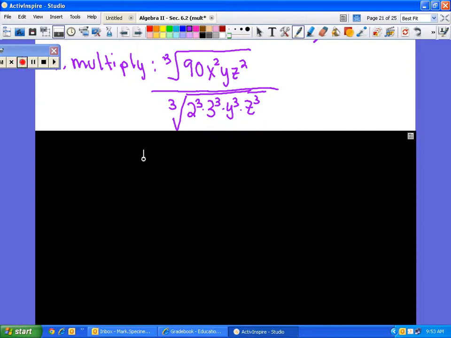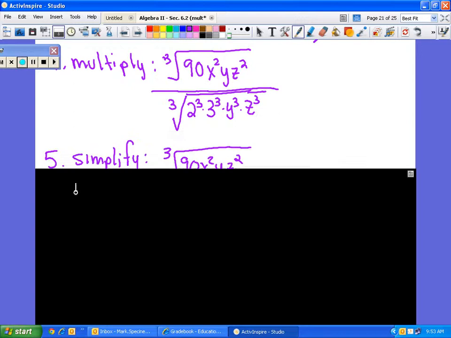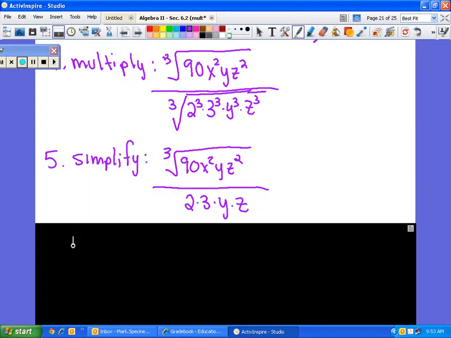The next step is to simplify. Now there's nothing to be done in the numerator. But if I take the cube root of this, I get 2. If I take the cube root of 3, I get 3, and so on and so on. And look what's happened. I've now gotten rid of my radical sign, and all I have left are some rational values.